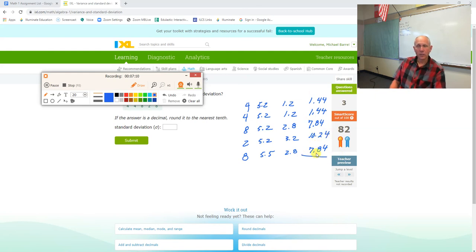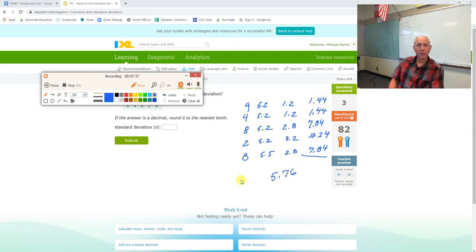Okay, we're going to add those together and divide by 5. So we're finding the mean of that: 1.44 plus 1.44 plus 7.84 plus 10.24 plus 7.84 divided by 5 gives me 5.76.